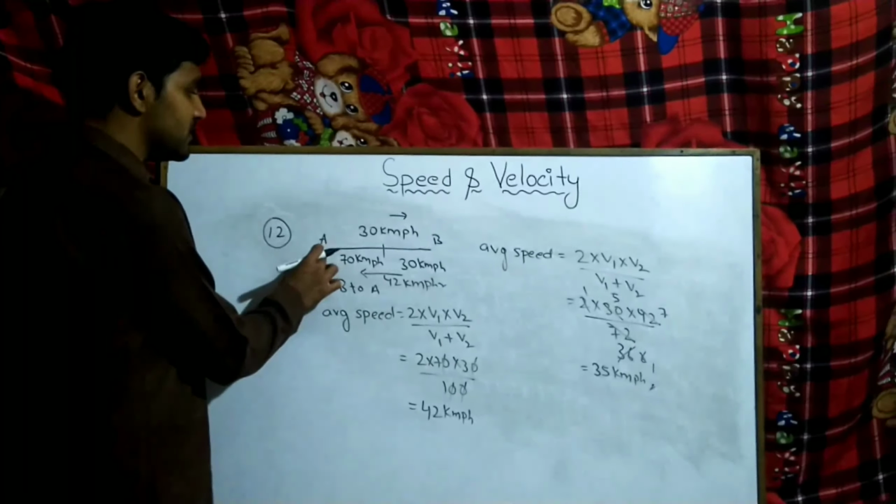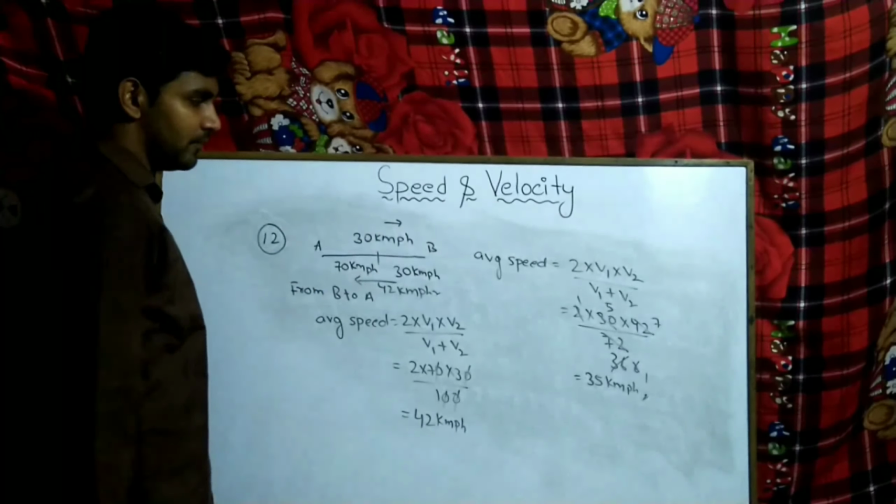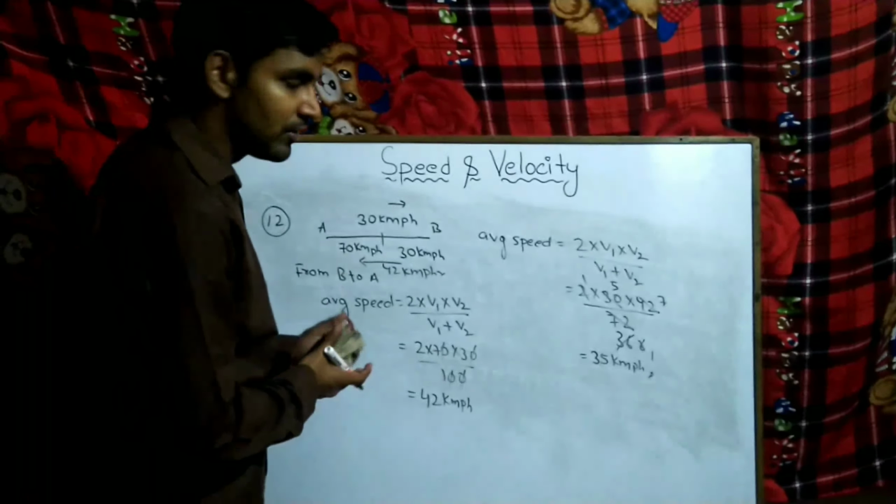And average velocity is 0 because it came to the same point. Clear? Now let's start with the 13th problem.